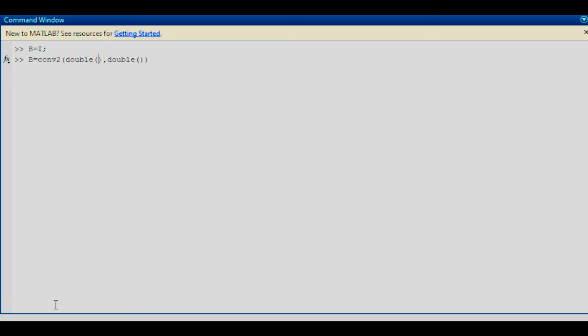And sadly, our grayscale images are unsigned integer images, which MATLAB calls unsigned integer 8. So I'm going to convert those unsigned integer matrices and images into doubles, which I simply do by writing the image or the matrix inside this function double.